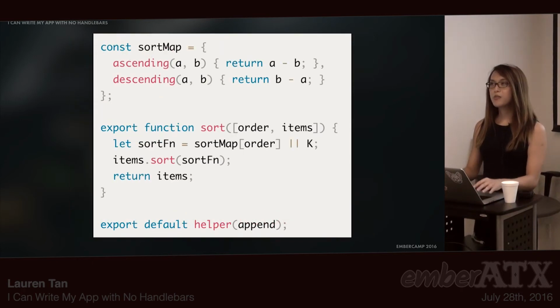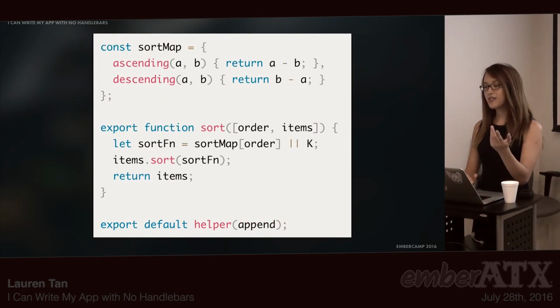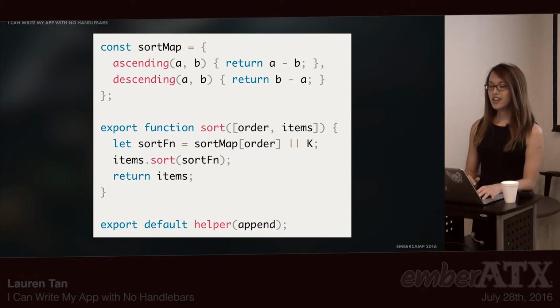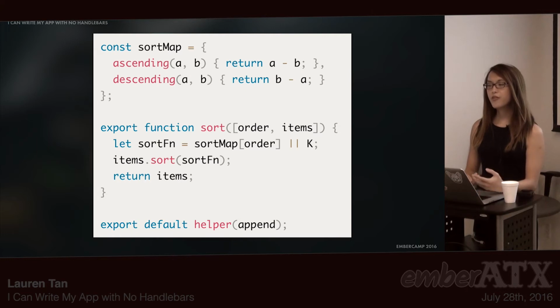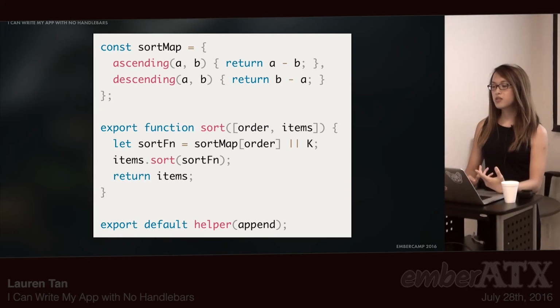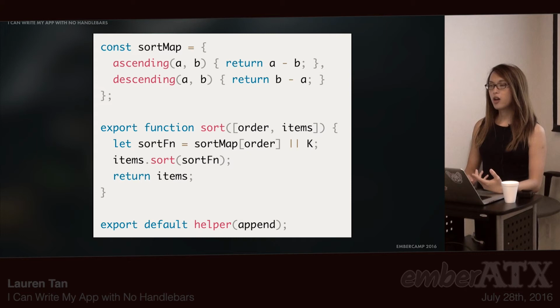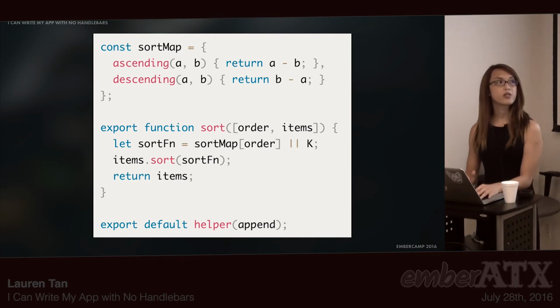Now you're probably thinking to yourself, that was obvious, I would never write code like that, right? But that was really a simple example because values in JavaScript are immutable. But you have to be really careful when the arguments to your helper are an object or an array, because in JavaScript, objects and arrays are passed by reference, not value.